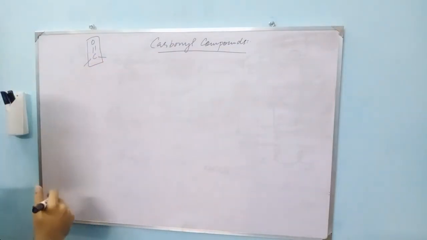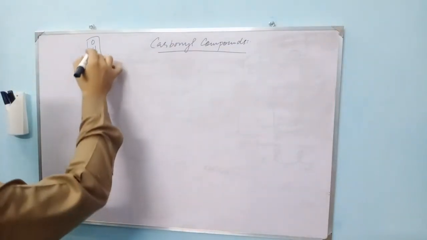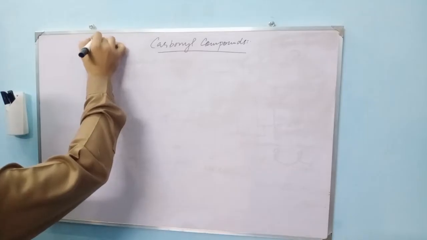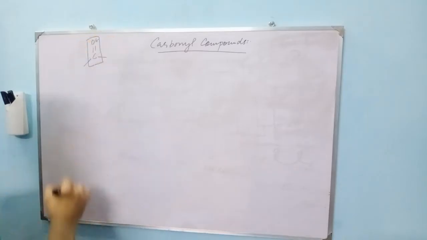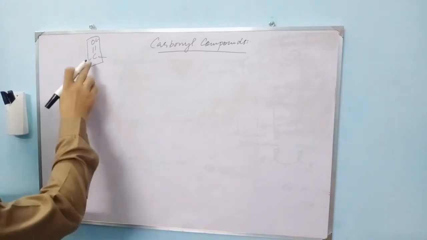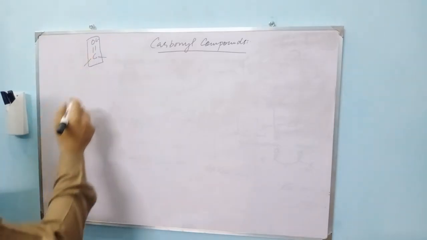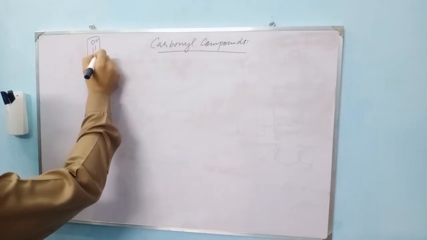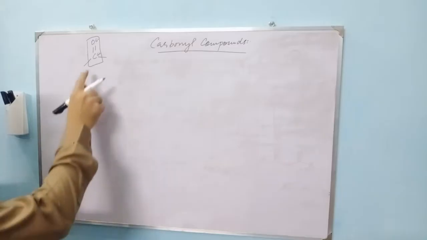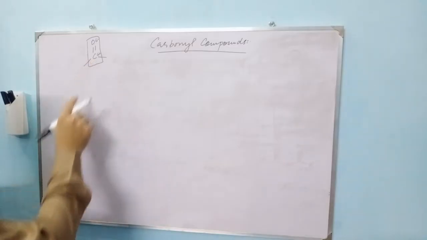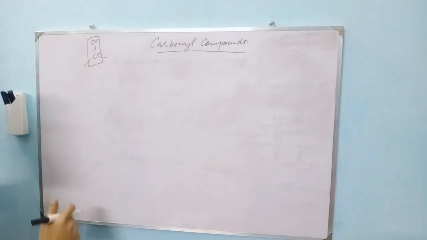And in this functional group, if we see, oxygen is doubly bonded to carbon, and because oxygen is more electronegative, it will pull electrons towards itself, and carbon would get partial positive charge, oxygen would get partial negative charge. So this in general molecule is electrophilic or electron withdrawing.